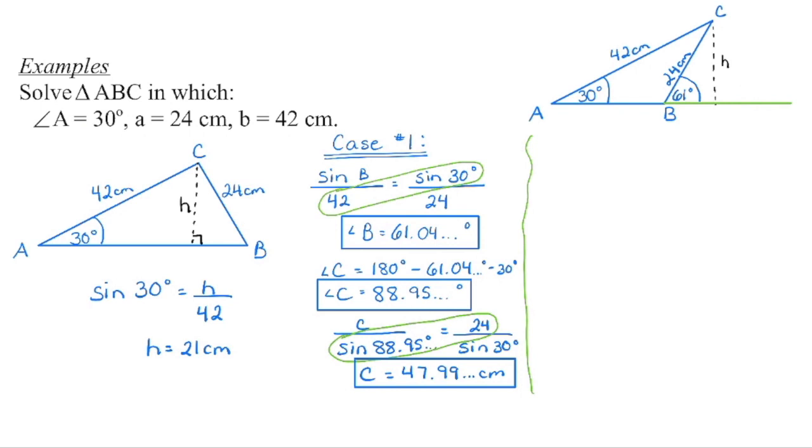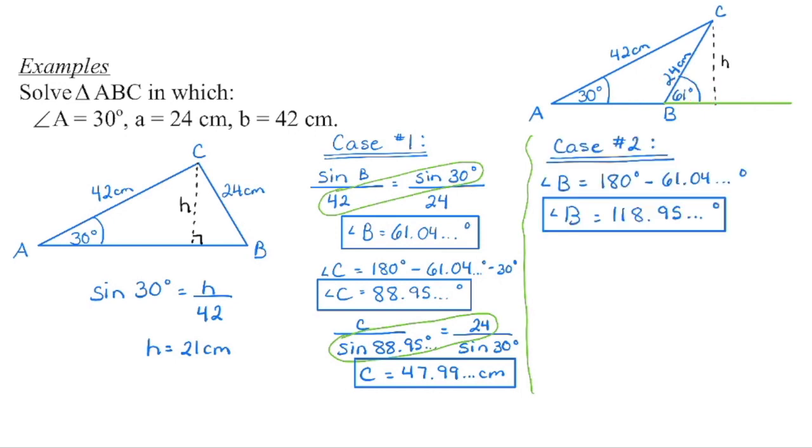These two base angles are also going to be the same. So if this was a 61-degree angle, I know this is also a 61-degree angle. So we can see that we have a straight angle here that is 180 degrees. So I can go 180 degrees, take off that 61 degrees, and now the interior angle of my triangle, angle B, is going to be that obtuse angle of about 119 degrees.